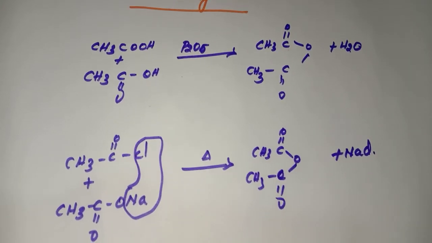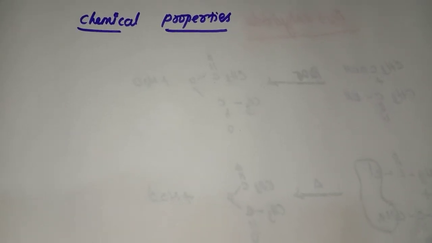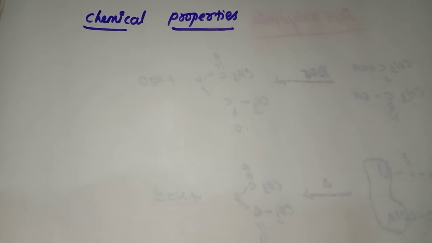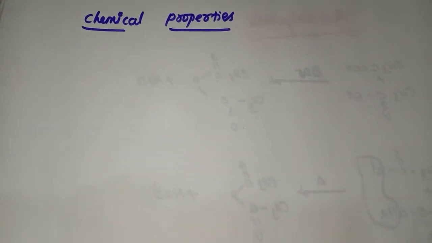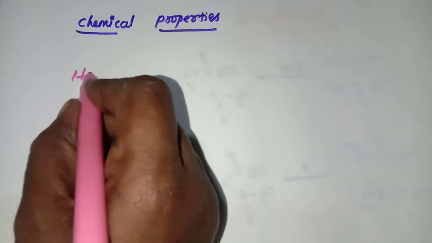Let us discuss the chemical properties. Next one is chemical properties of acid anhydrides. The first one is hydrolysis.